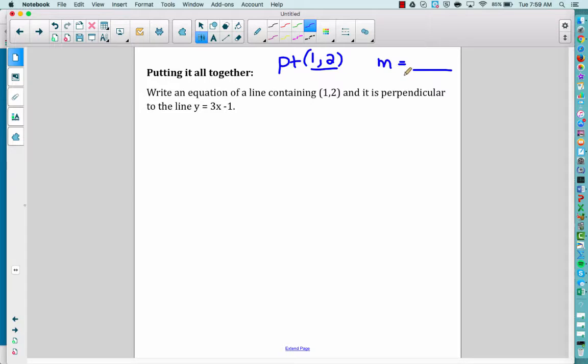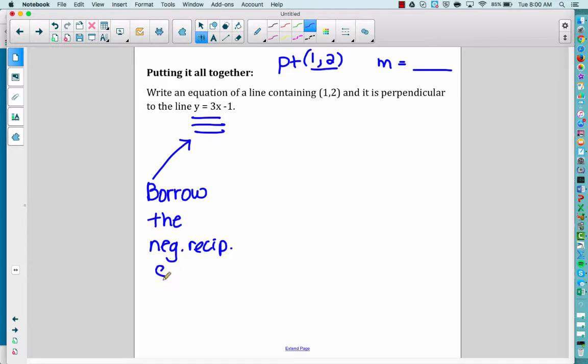I need my slope. Well, if it's perpendicular to this line, I'm going to borrow the negative reciprocal slope. So I'm going to take this slope of 3, and I'm going to take its negative reciprocal. So it would be negative 1/3.